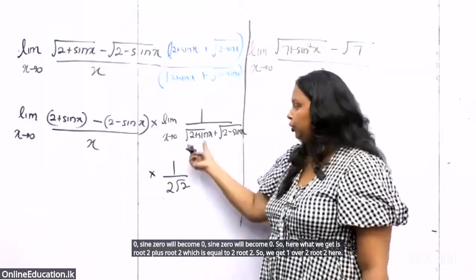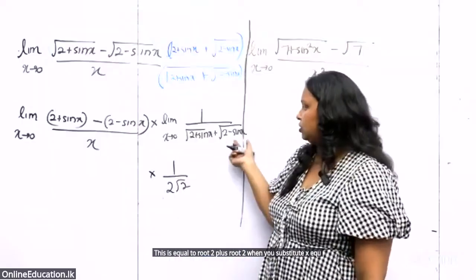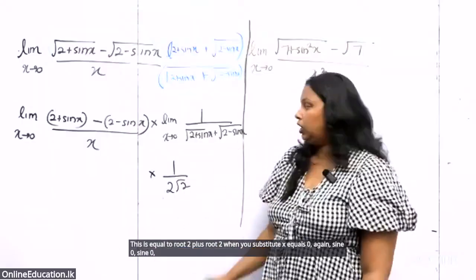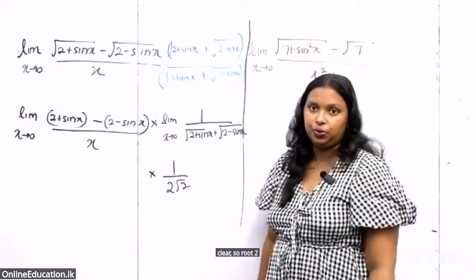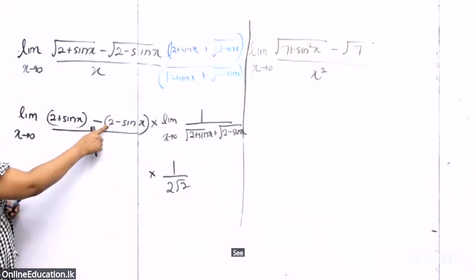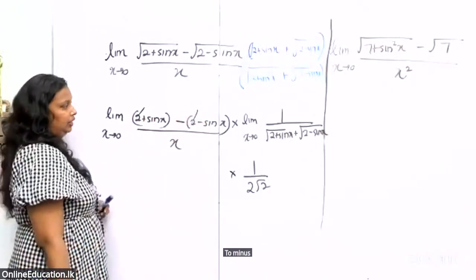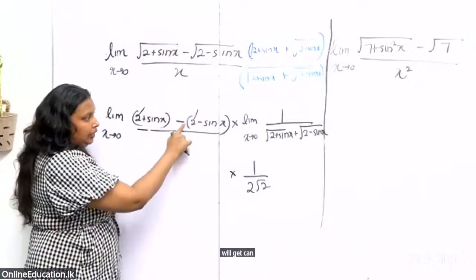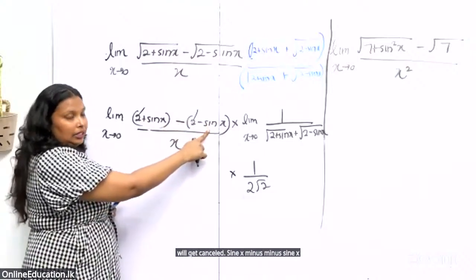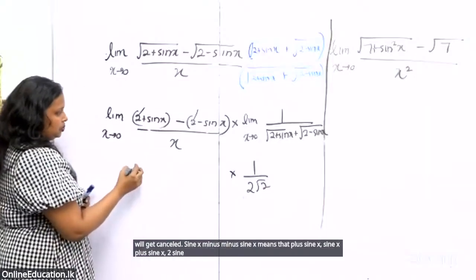This is equal to root 2 plus root 2. When you substitute x equals 0, you get sin 0, sin 0 means 0. Clear? So root 2 plus root 2 means 2 root 2. And how come this? See, 2 minus 2 will get cancelled. Sin x minus minus sin x means plus sin x. Sin x plus sin x, 2 sin x, right? 2 sin x.